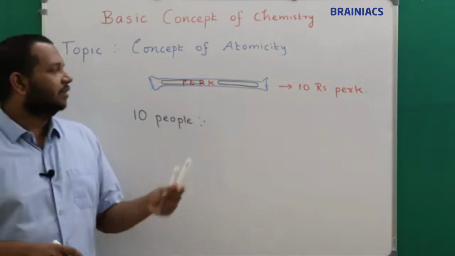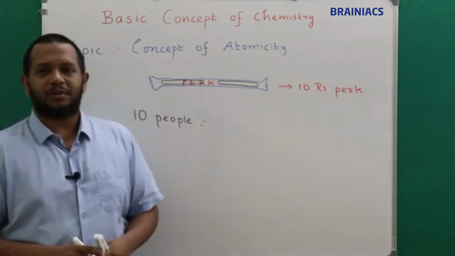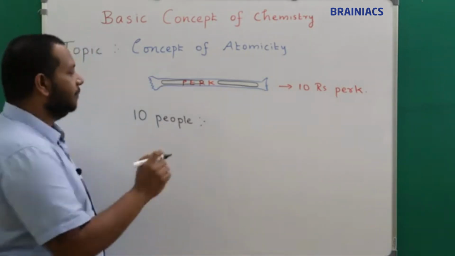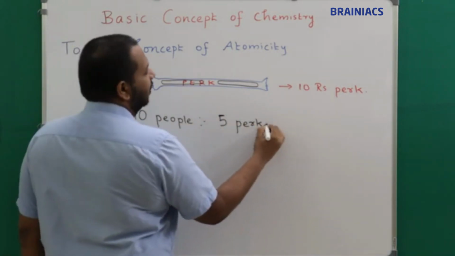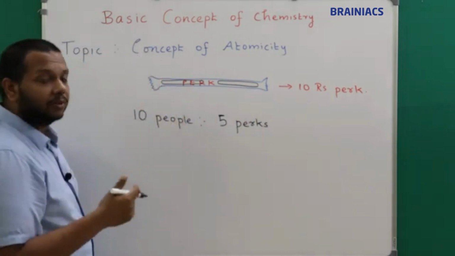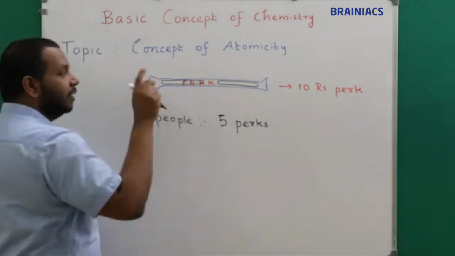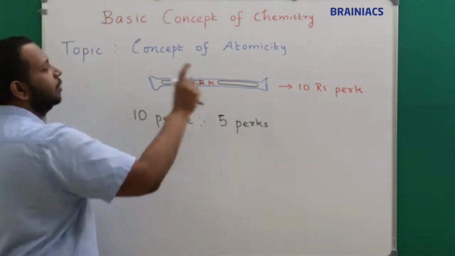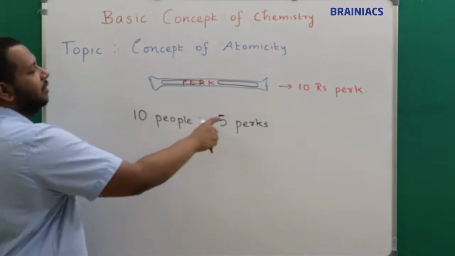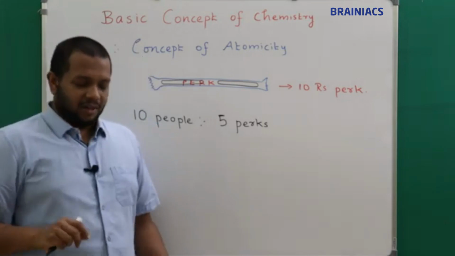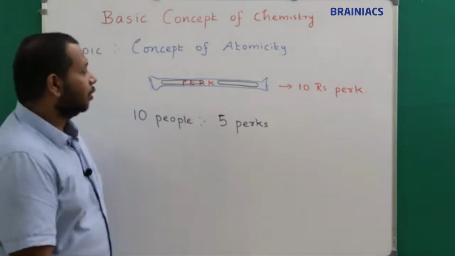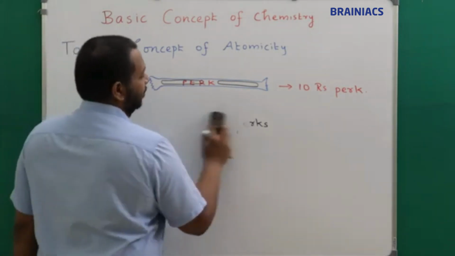So tell me, what is the minimum number of Perks we need to buy? You know that only 5 Perks need to be bought, because in your mind you know that each Perk has 2 pieces. So I will open one Perk and give one piece to one person. So 5 Perks will give me 10 chocolates.